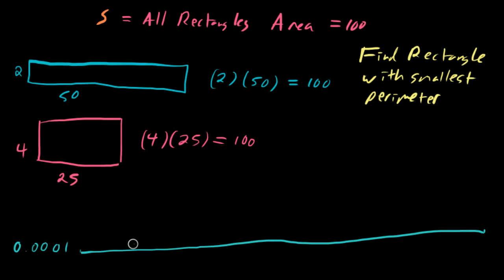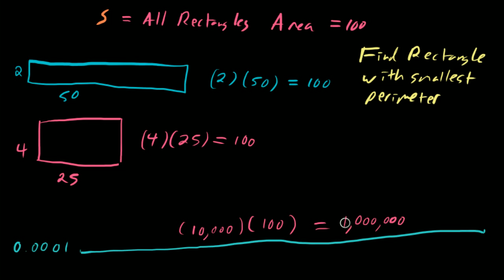So that's why the width is going to be really long. It's going to be 10,000 times 100. And what would that be? That would be 1 million. So that would equal 1 million units. And then what would the entire perimeter be?